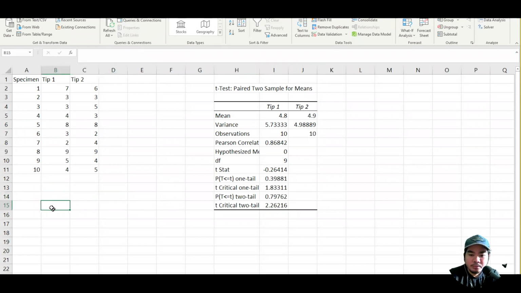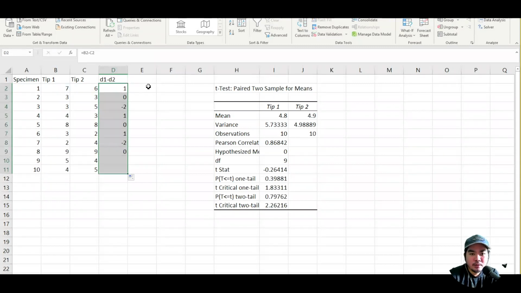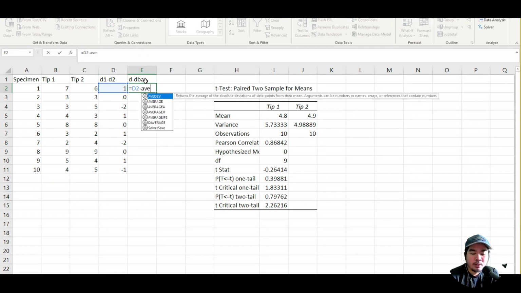So let's do D1 minus D2. Drag lang natin to. Then we can do D minus D bar. This becomes 1 minus yung average.